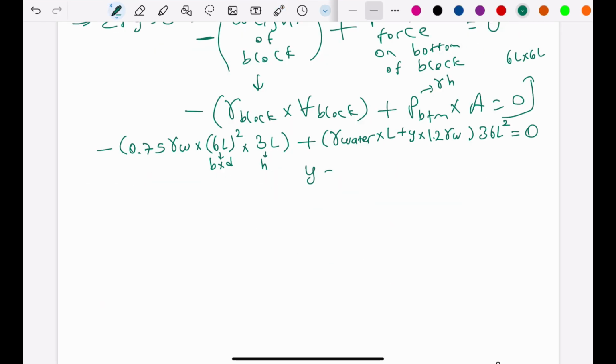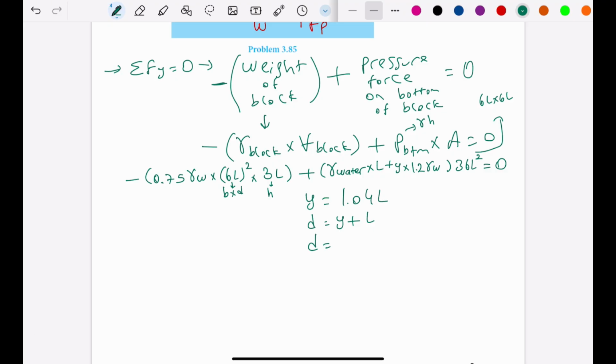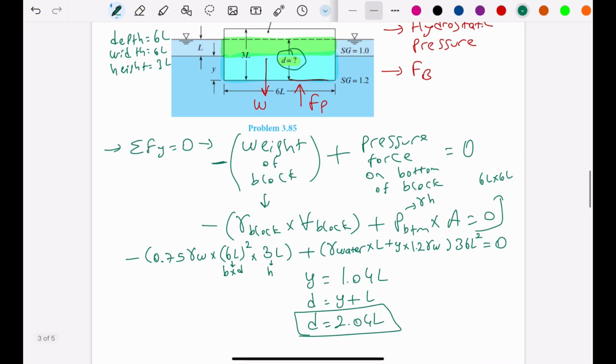Here we can get Y is equal to 1.04 L. So D will be equal to Y plus L, because when we check the figure, D is equal to L plus Y. So D will be equal to 2.04 L. So this was the first possible solution for this question.